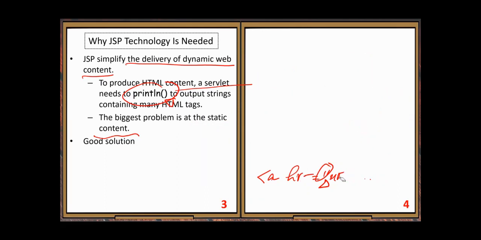Let's look at the solution details. First, keep the static content unchanged. When you see static content, why do you need another round of processing? That's redundant. The good way is to keep the static part as is. You do not touch it. That's the first point.